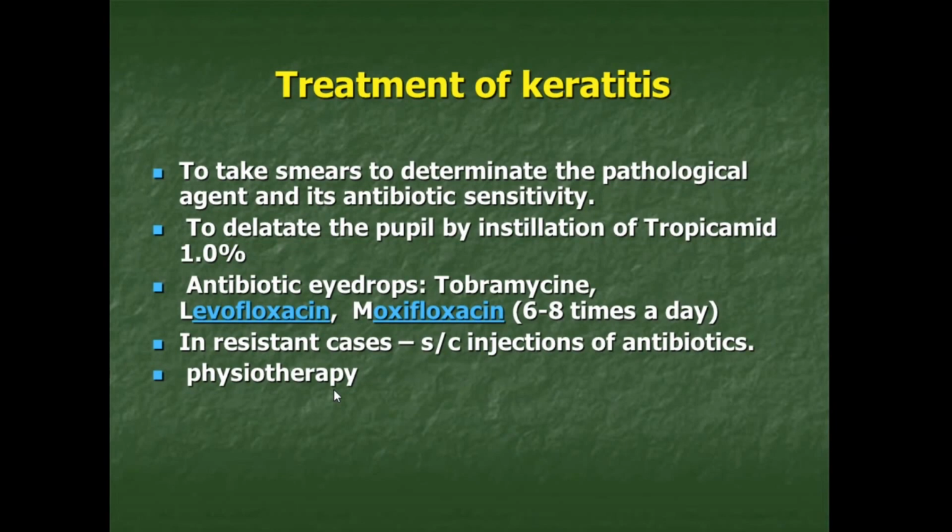We should dilate the pupil by instillation of tropicamide, and we should prescribe antibiotic drops, new wide spectrum antibiotics like tobramycin, levofloxacin, moxifloxacin, 6-8 times per day. In severe cases, we also prescribe subconjunctival antibiotic injection.